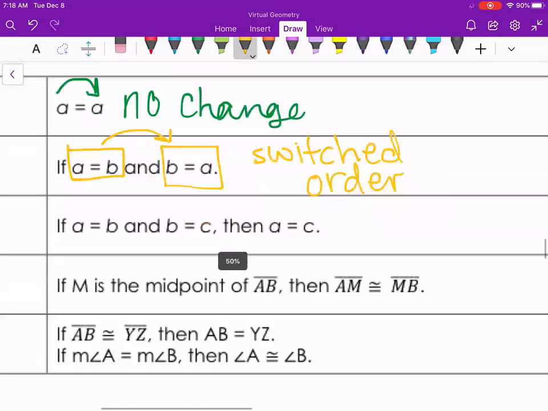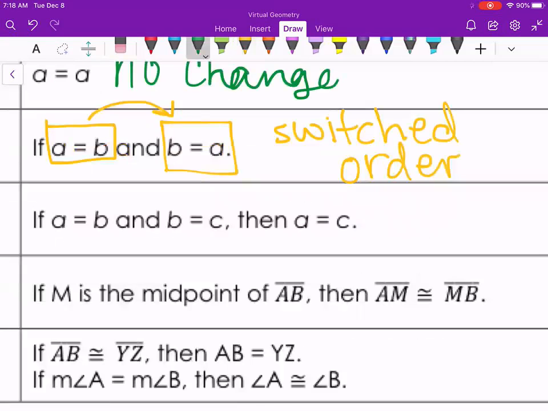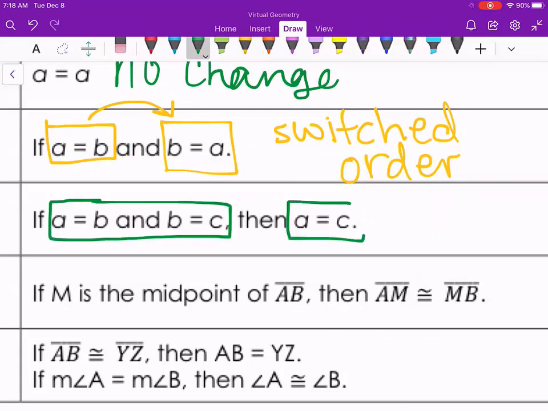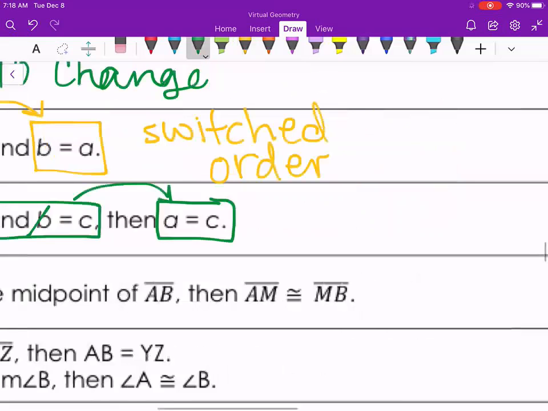Next, we had the transitive property. So again, we go from the whole entire beginning to the end. And remember, the only thing that happened from beginning to end was we removed repeated information.